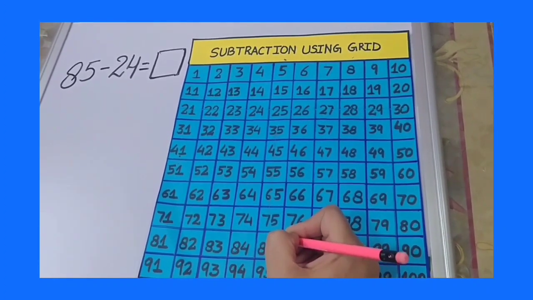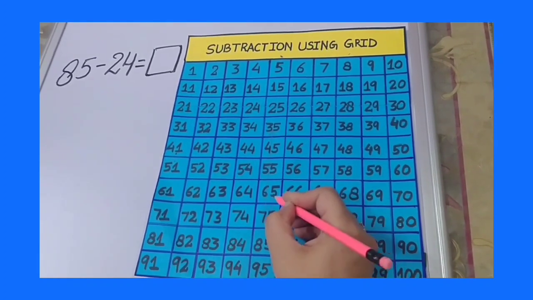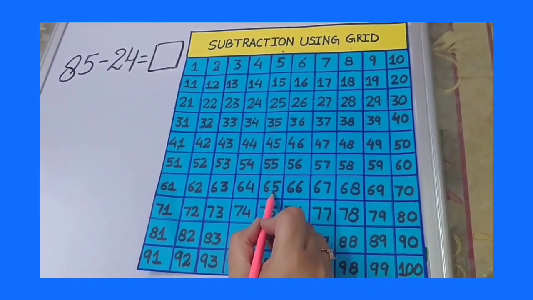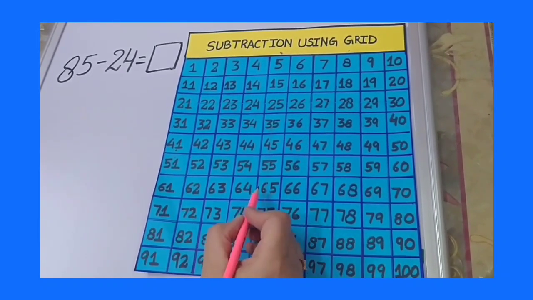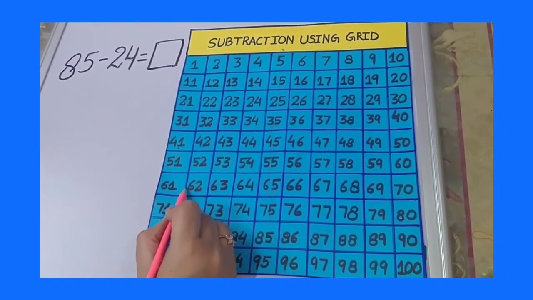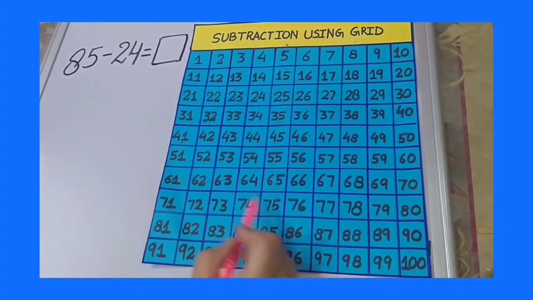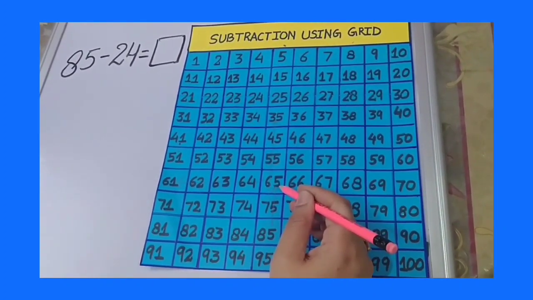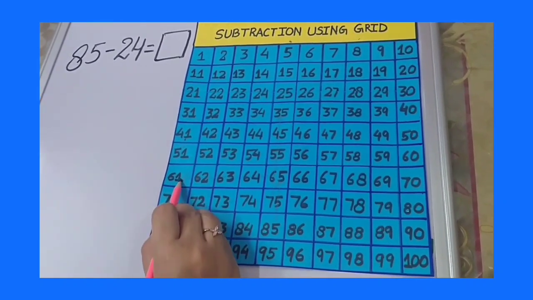So, from here, we will reach 65. And from 65, we will move 4 numbers backwards. 1, 2, 3 and 4.